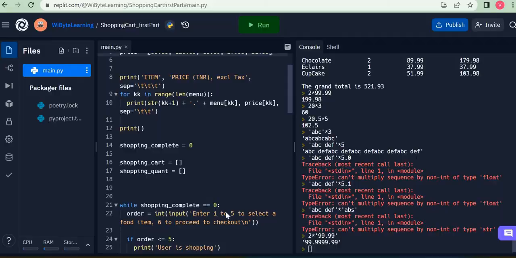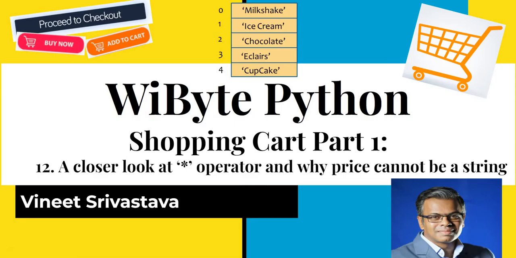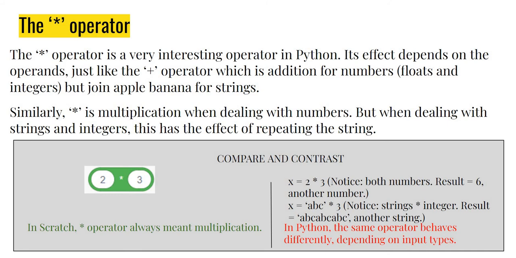So let's just wrap this up with a little bit of discussion on the star operator. Like I said, it's a very interesting operator. Its effect depends on the operands, just like the plus operator, which was an addition for numbers, join, apple, banana for strings. Now in case of star, star is a multiplication when dealing with numbers. So if I have a number star some other number, it's going to multiply.